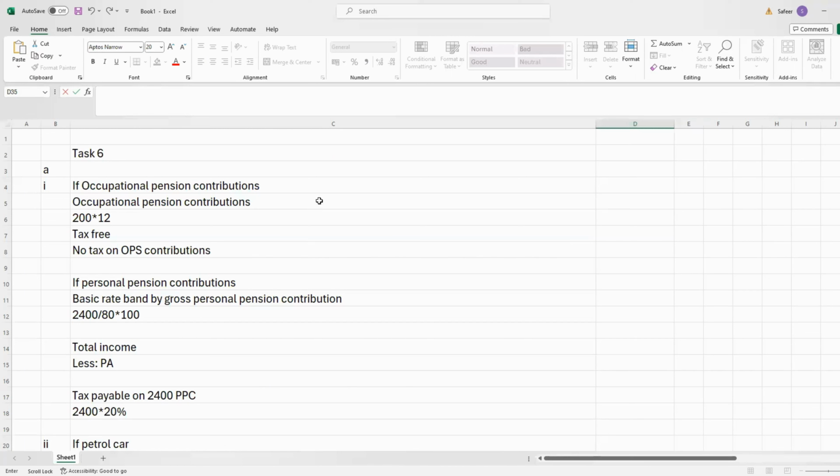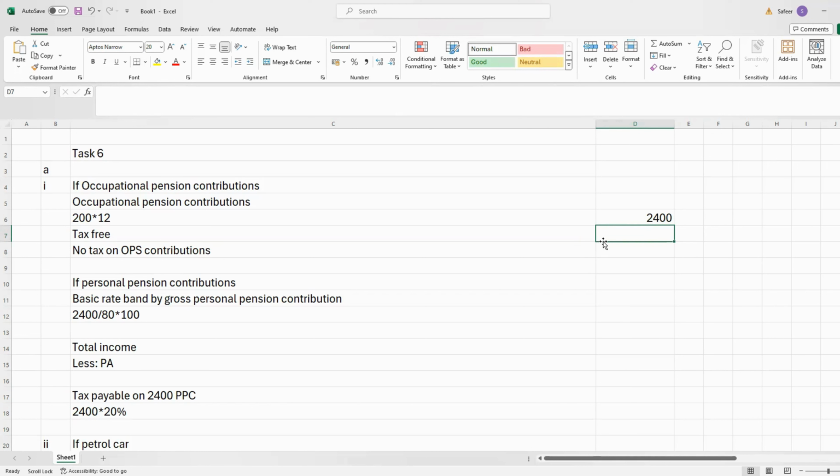Now the first part of the question is, if occupational pension contributions are made, remember occupational pension contributions are tax-free, so there is no tax on these contributions. The monthly amount they have given us is £200, which means 200 times 12, that's 2,400. So this entire amount will be tax-free.